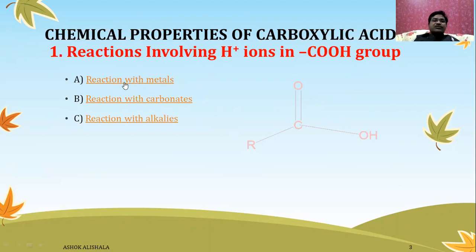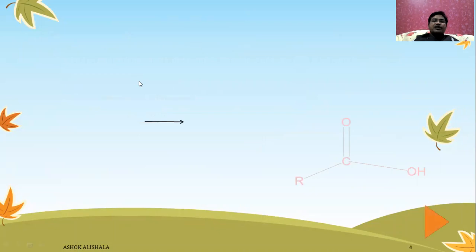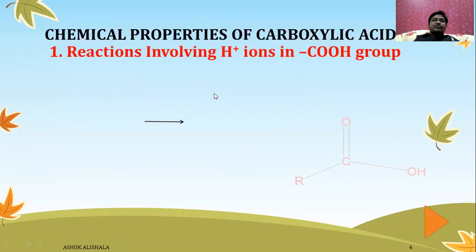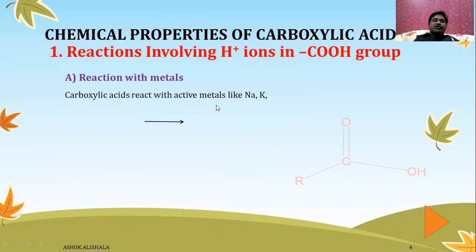Let us discuss the first one, reaction with metals. Carboxylic acids react with active metals like sodium, potassium, zinc, etc. to form salts with the liberation of hydrogen.